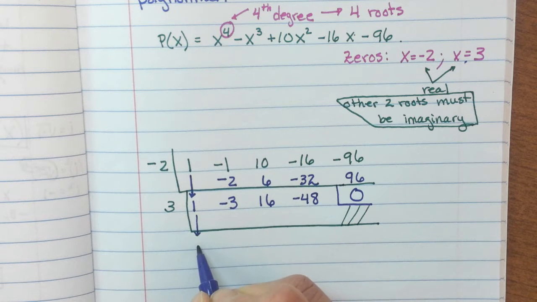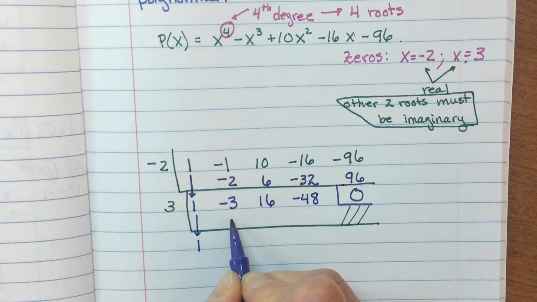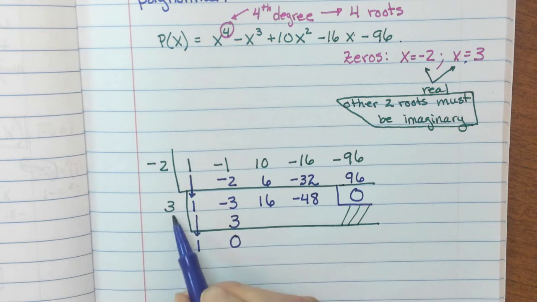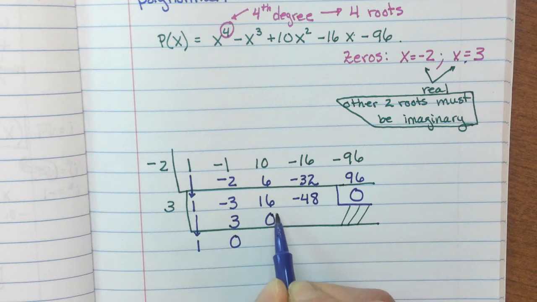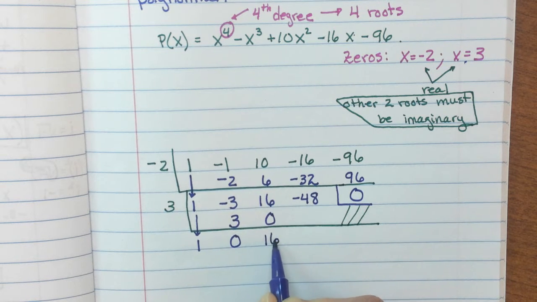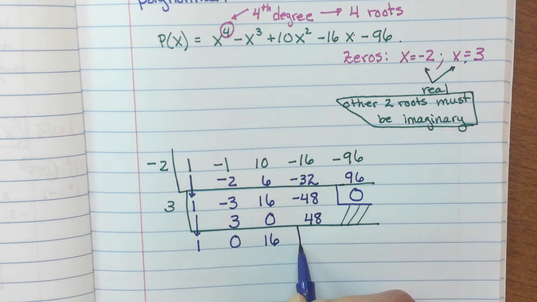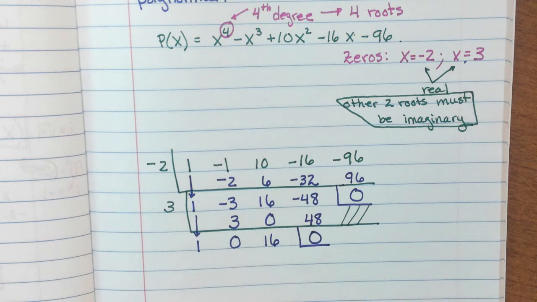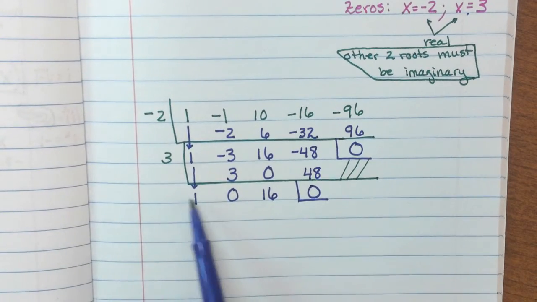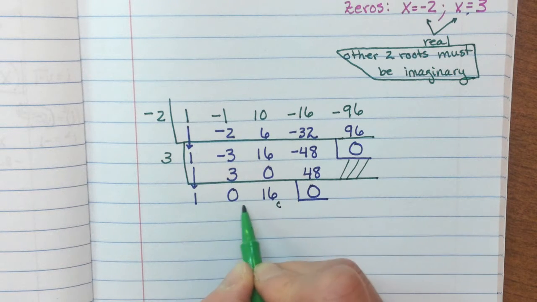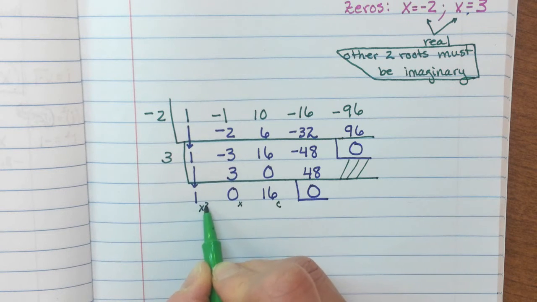So 3 times 1 is 3. -3 plus 3 is 0. 3 times 0 is 0. 16 plus 0 is 16. 3 times 16 is 48, and I get a remainder of 0, which I better if I'm telling you that 3 is a root. Okay, now I'm going to take this out, so I know that this here is my constant, this is my x term, this is my x squared.